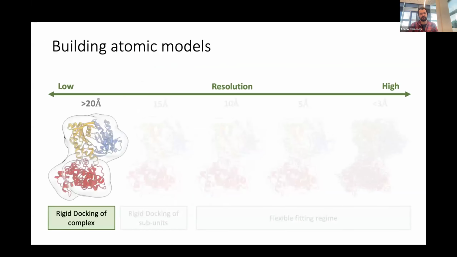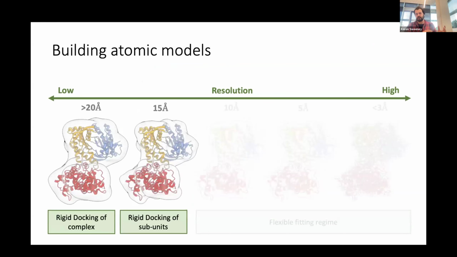How we actually go about building atomic models into CryoEM reconstructions is very much resolution dependent. So if we're at low resolution, say 20 angstroms, it might really only be possible to adjust the position of protomers in complexes. As the resolution improves, say to 15 angstroms, it might even be possible to adjust domains within these proteins.